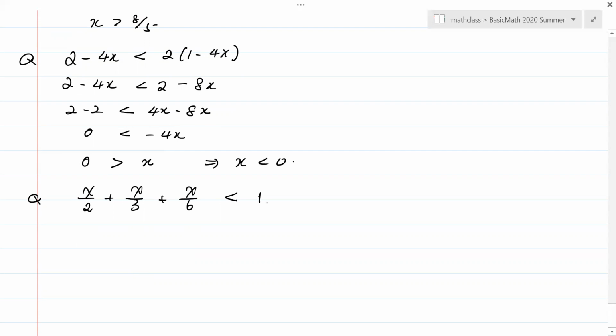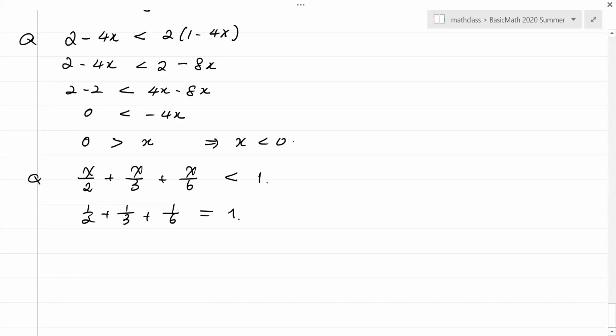Well, all you have to do is take the common factor out. We know that 1/2 plus 1/3 plus 1/6 is going to be 1.